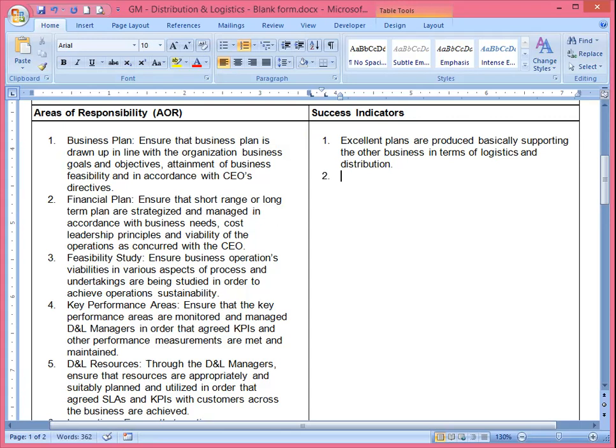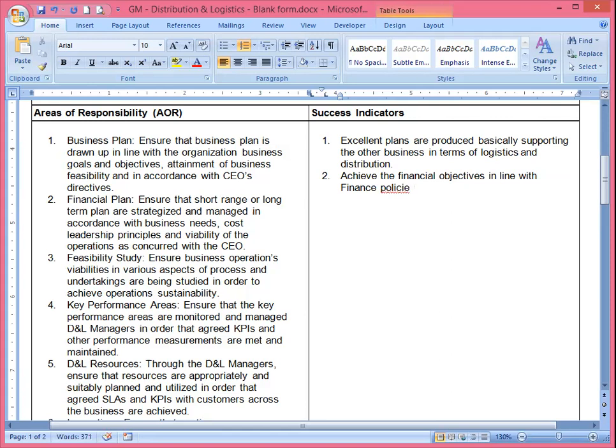Number 2, financial plan. Achieve the financial objectives. In line with what? In line with, of course, finance. We can say finance policies and procedures, right?